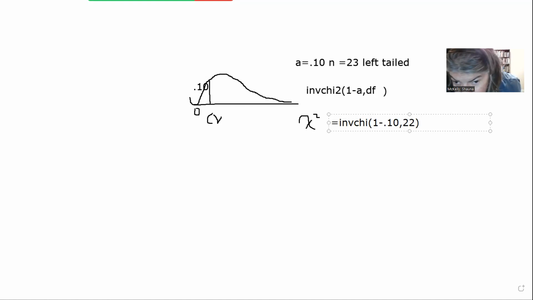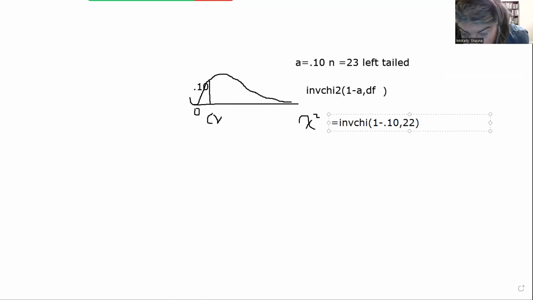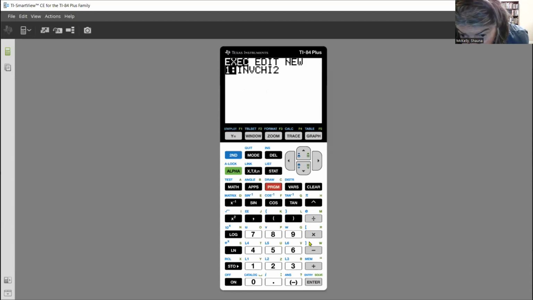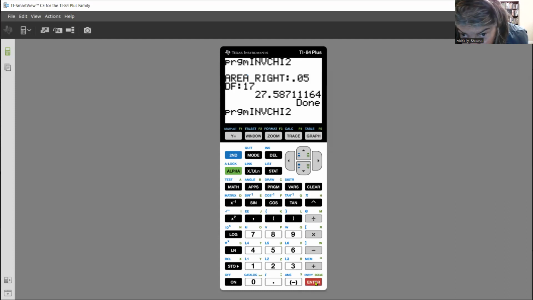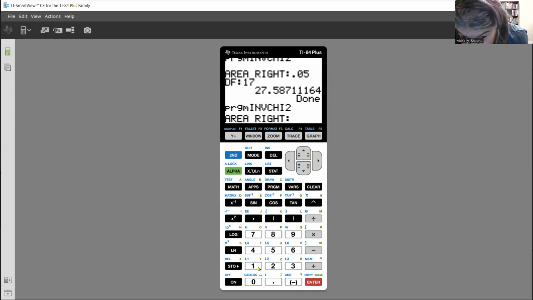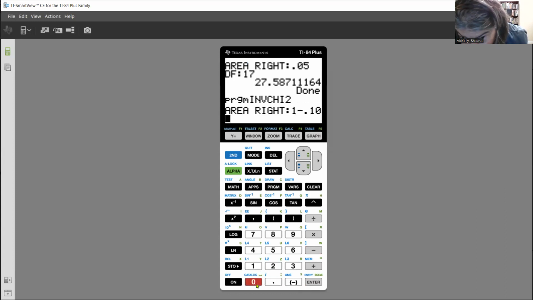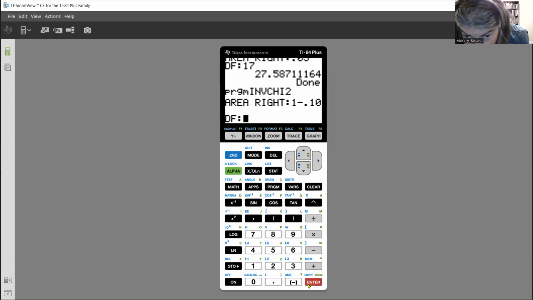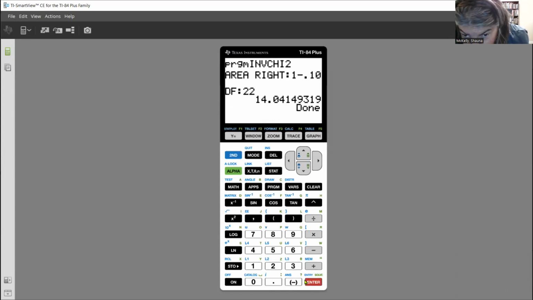Let's put it in and see what we get. So I'm going to go to program, go to inverse chi, enter, enter. Area to my right is 1 minus 0.10. And I'm going to enter. And my DF is 22. 14.0415. Remember there's a 9 behind the 4 here. 14.0415.